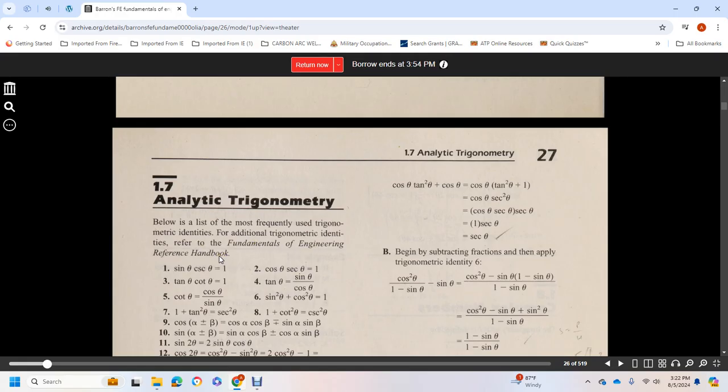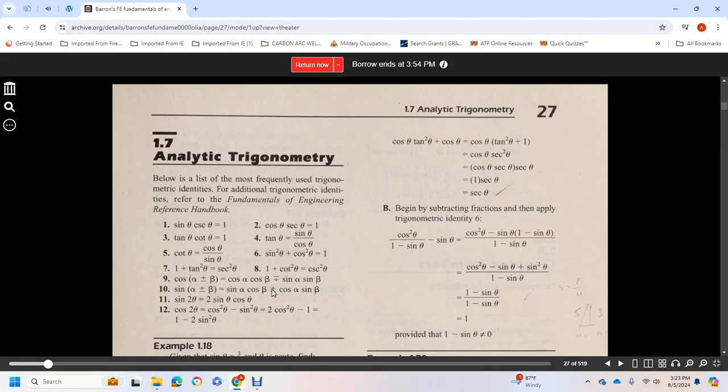Sine theta is the reciprocal of cosecant theta, cosine theta equals 1 over secant theta, tangent theta equals 1 over cotangent theta. Tangent theta is equal to sine theta over cosine theta, cotangent theta is equal to cosine theta over sine theta. Sine squared theta plus cosine squared theta is equal to 1, 1 plus tangent squared theta is equal to secant squared theta, 1 plus cotangent squared theta is equal to cosecant squared theta.